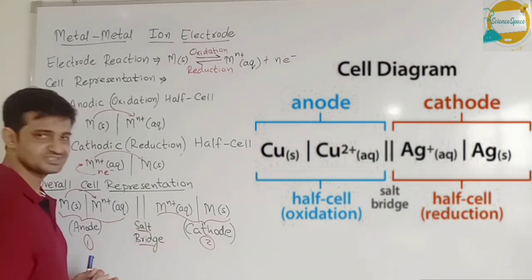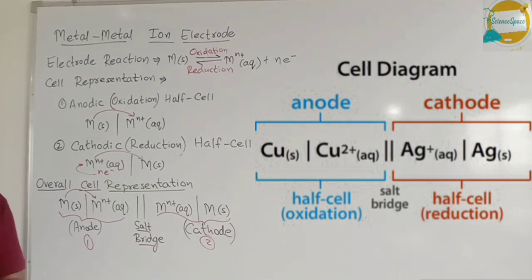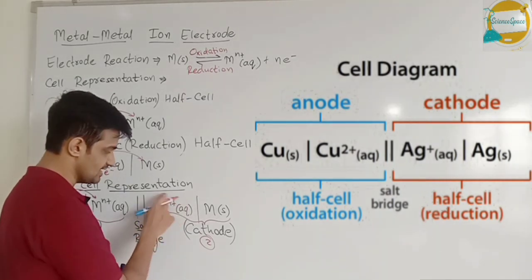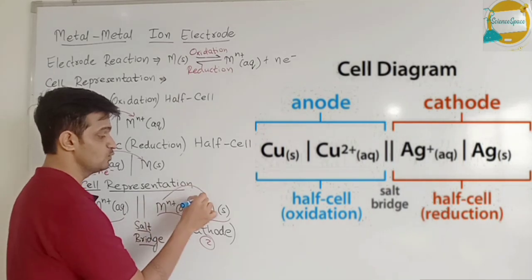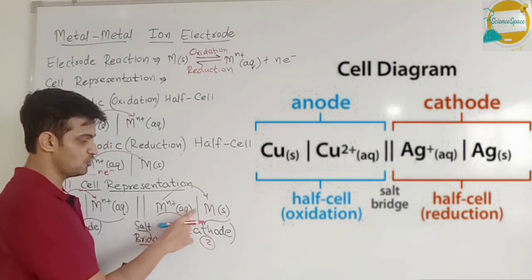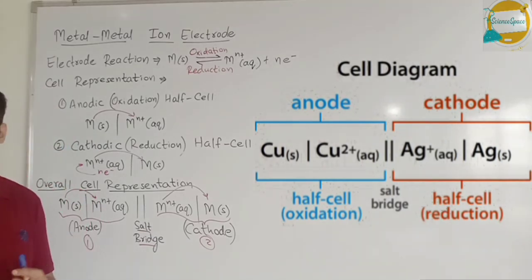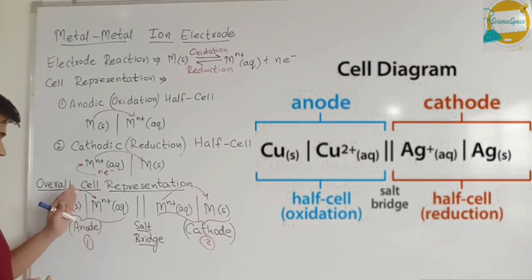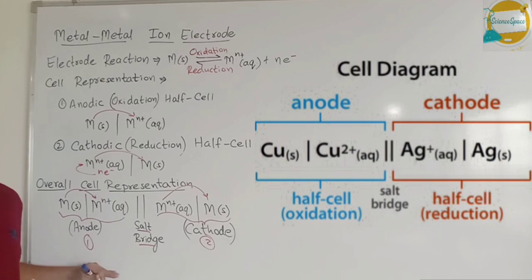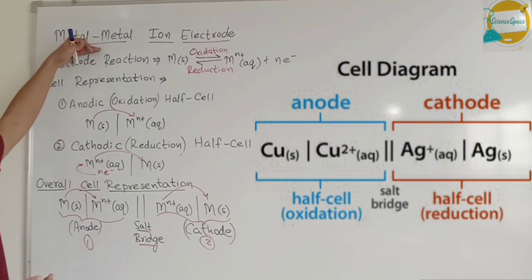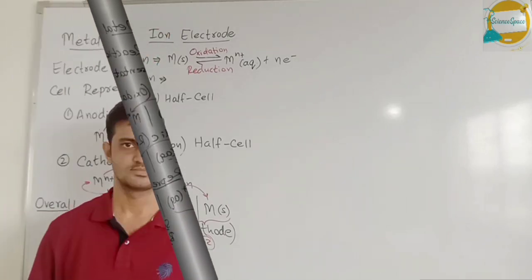What is a salt bridge? The salt bridge connects the two half cells so that the two electrolytes do not mix with each other. Then in the cathodic half cell, Mn positive aqueous ions will gain electrons to form M in solid form, that is metal in solid form, which will be deposited on the electrode. So this is the overall cell representation for an electrochemical cell which consists of a metal-metal ion electrode.